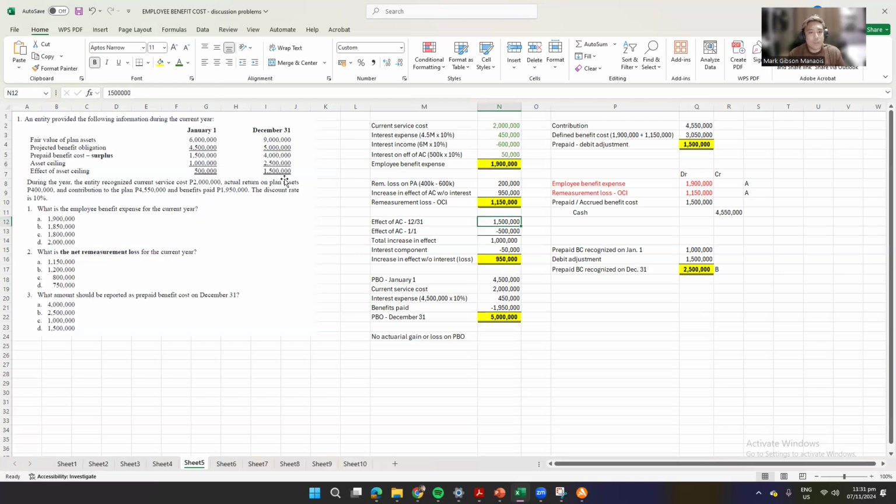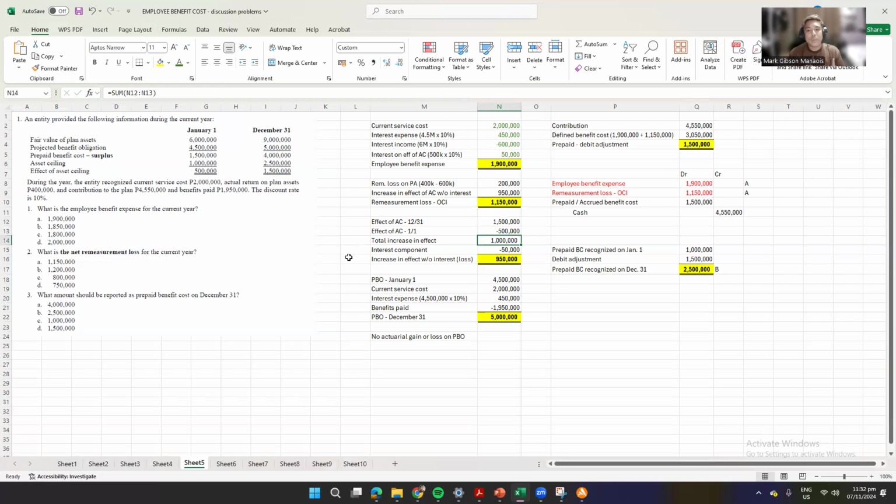So it's 1.5 million, also given. Pero kung hindi naman given, we can compute based on the data presented. The effect of AC beginning is 500,000. So just get the difference to get the total increase, no? So in this case, we have a total increase in effect of asset ceiling of 1 million pesos.